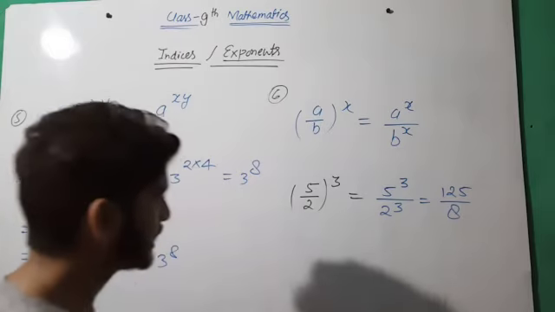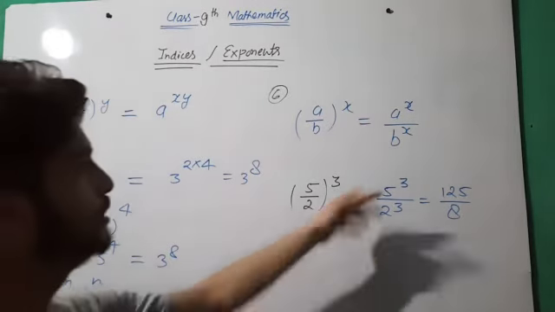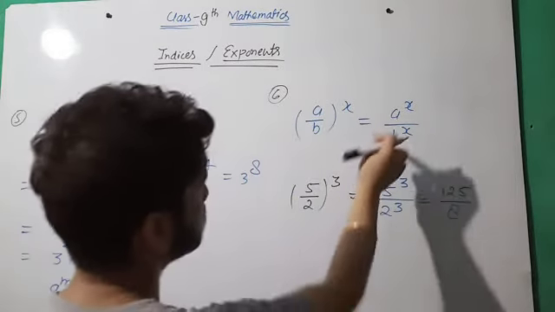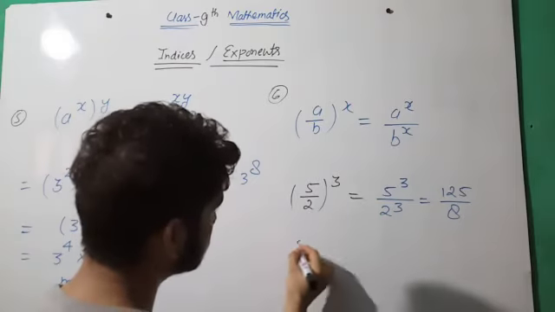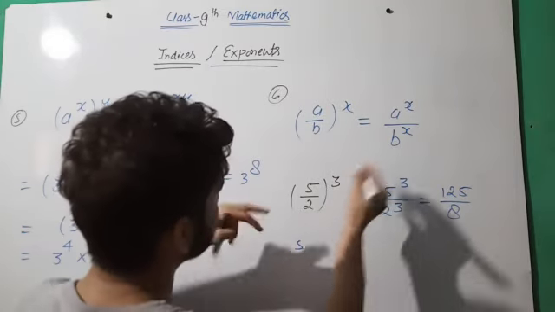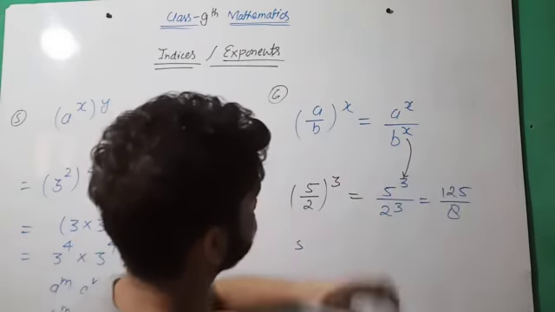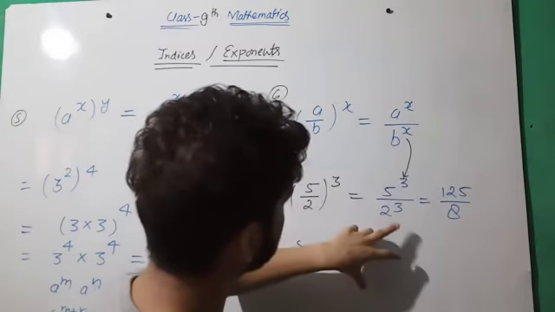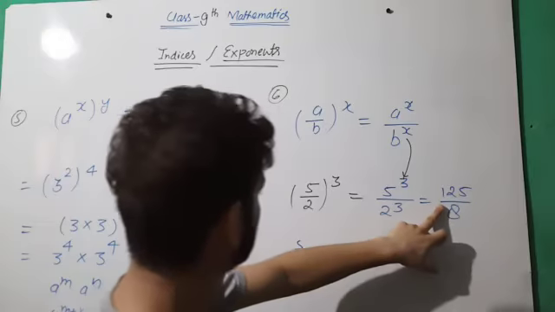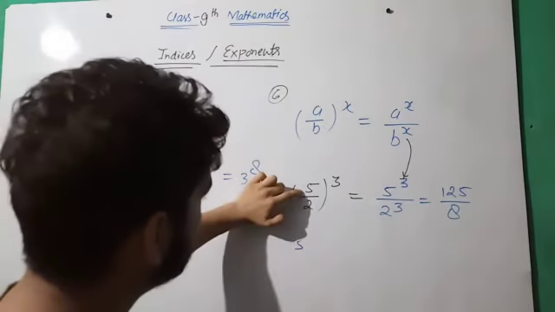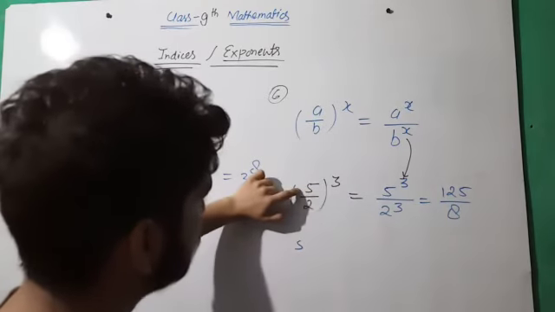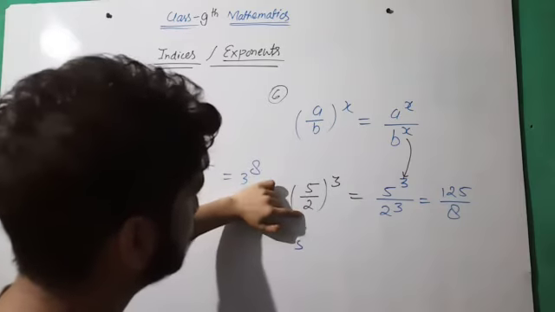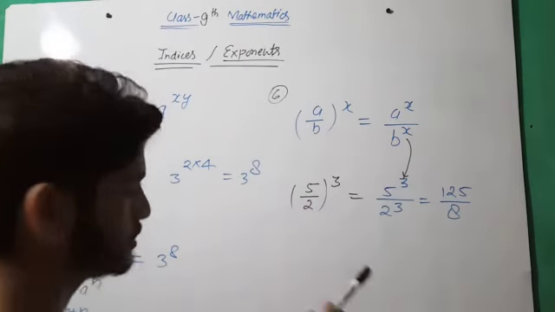Directly we can say that if we have to split a term like this, it is equal to this term: a to the power x means 5 to the power 3, b to the power x means 2 to the power 3. If you multiply, 5 into 5 into 5 over 2 into 2 into 2, that is similar to this.